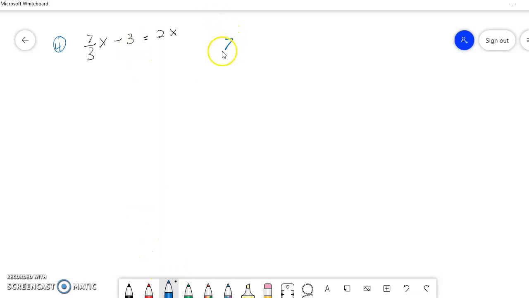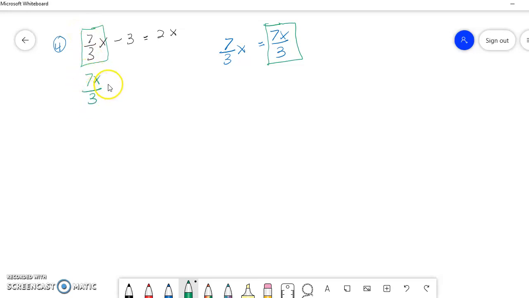Remember, whenever you have 7 over 3x, please make it into 7x over 3. This is to minimize your error when you are doing this mathematical operation. So we change this, and it becomes 7x over 3 minus 3 equals 2x.